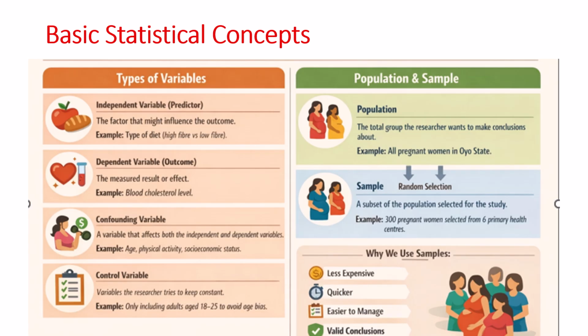That is the population. Your sample is now the subset of the population selected for the study because it is less expensive when you make use of sample rather than the population, because it is quicker to make a conclusion on 300 pregnant women rather than the whole pregnant women in Oyo State, because it is easier to manage, and most importantly, it gives a valid conclusion, that is a true representation of the population.